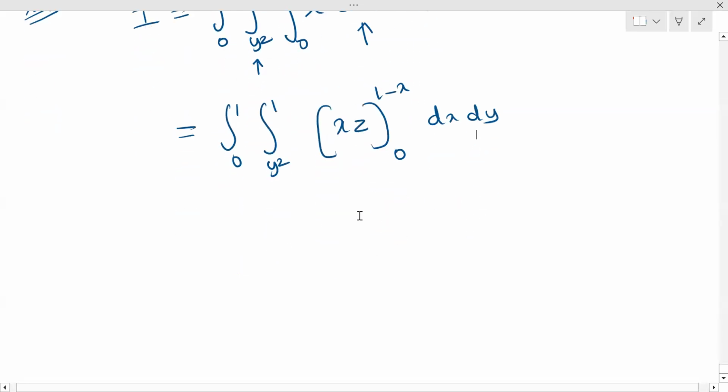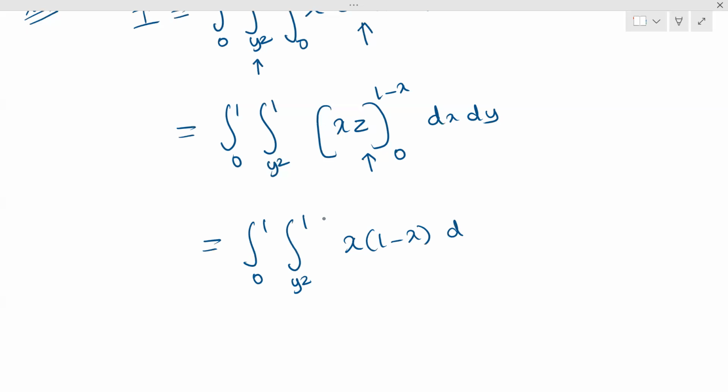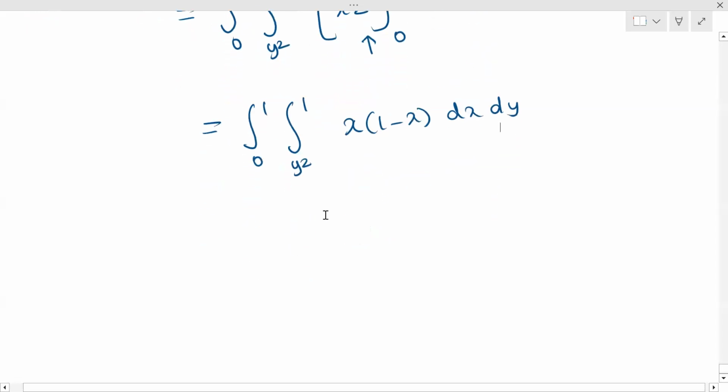Now apply the limit. We have to apply the limit for the variable z. So write outer integration, middle integration as it is. Apply the limit for z is 1 minus x, dx dy. Now we finish the inner integration.